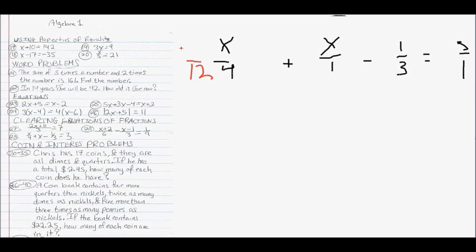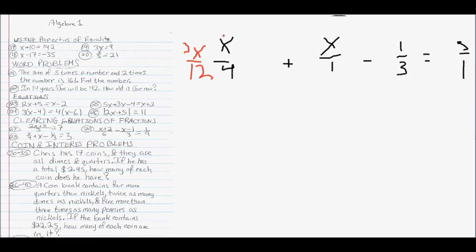Alright, so let's put a 12 here. 4 goes into 12 three times, so we have to put a 3 here. So it's going to be 3 times x.